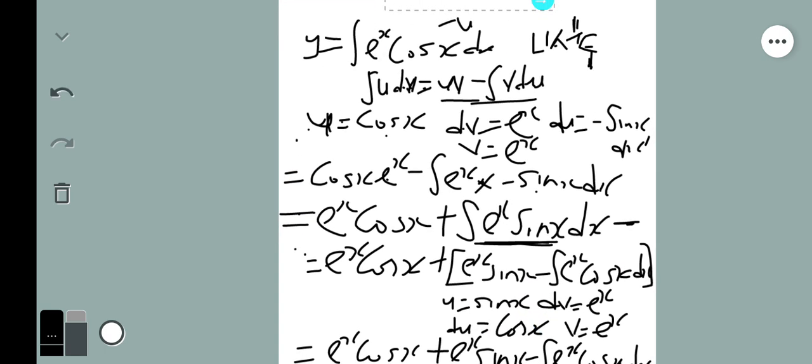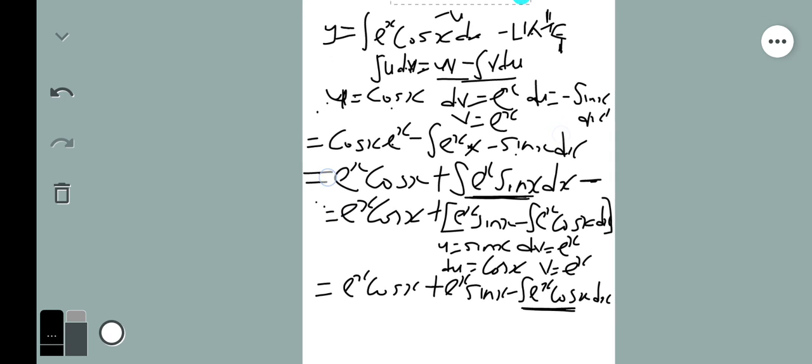We integrated this to get what we have here, and still we integrated this to get what we have here, which is our cos x exponential x. And if you look at it very well, you will see that this one here is the same thing as what we have here.